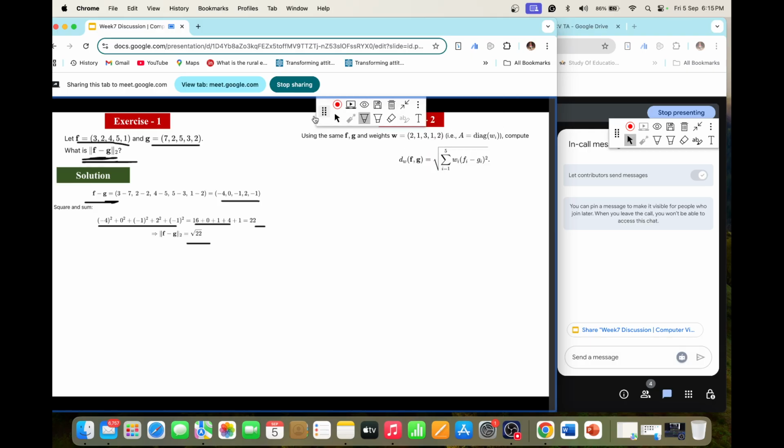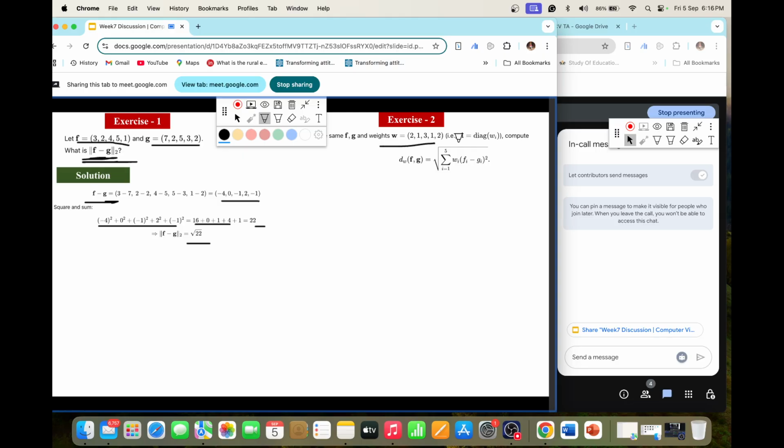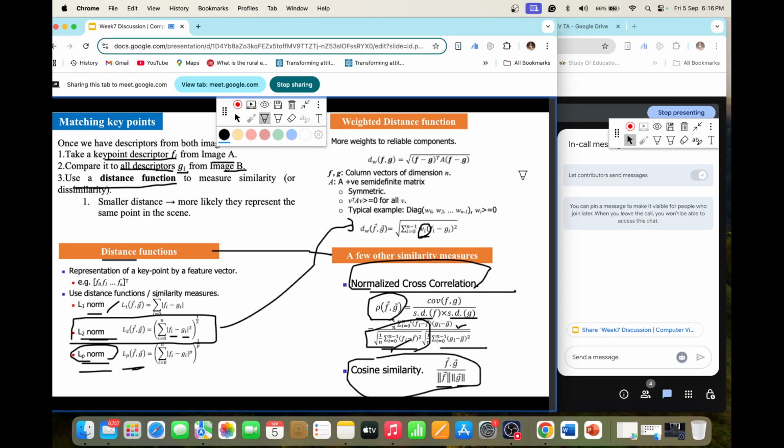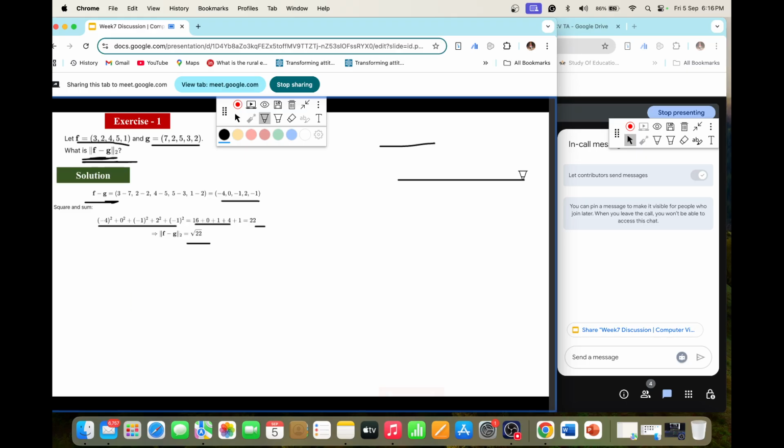Similarly, we have the second question. Using the same f and g, and weights are given here. We have to measure the weighted distance function. How do we do the weighted distance function? This is the formula, very easy.